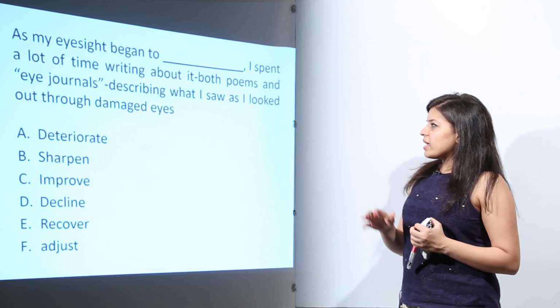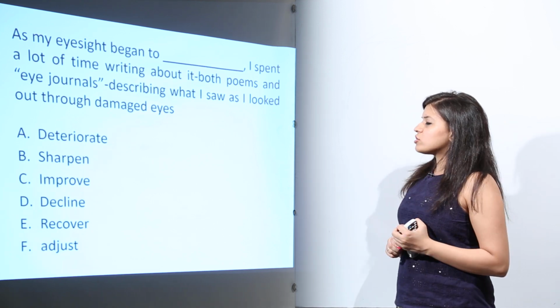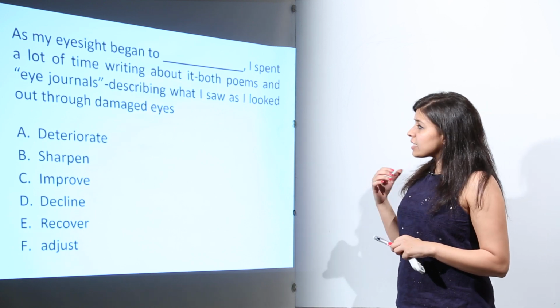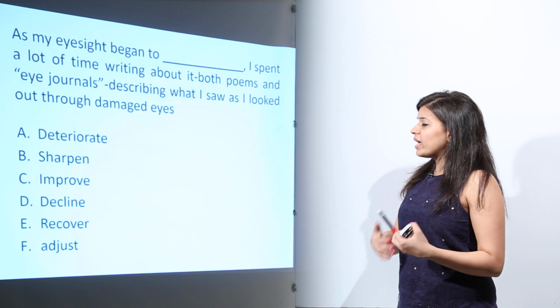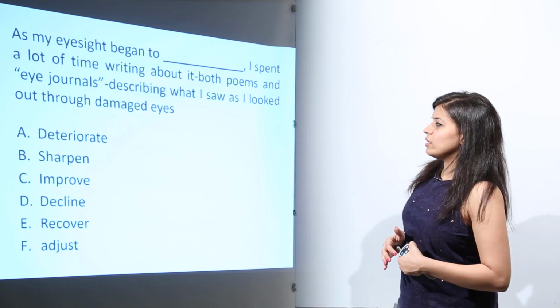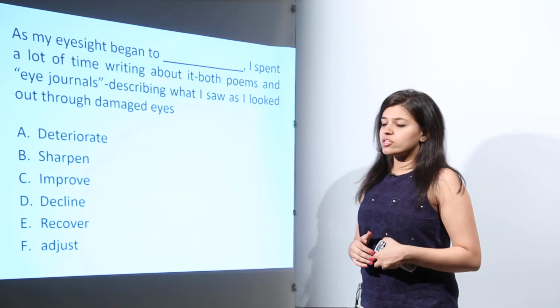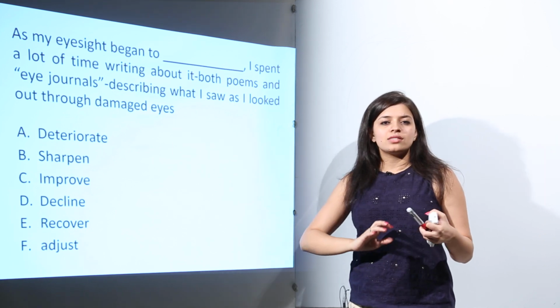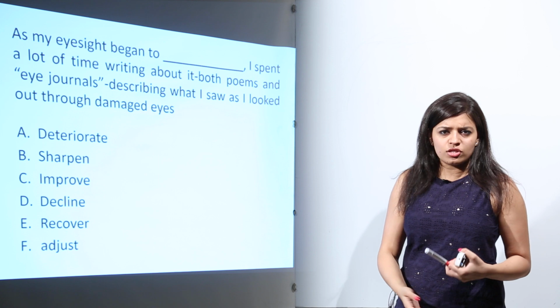It says that as my eyesight began to blank, I spent a lot of time writing about it, both poems and eye journals describing what I saw as I looked through my damaged eyes. So, we can easily look out for the keyword in this passage. The keyword is damaged eyes, because the author's eyes were starting to damage.